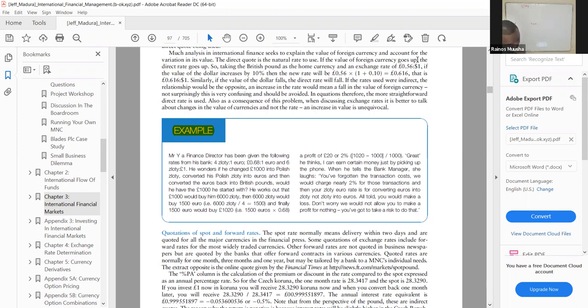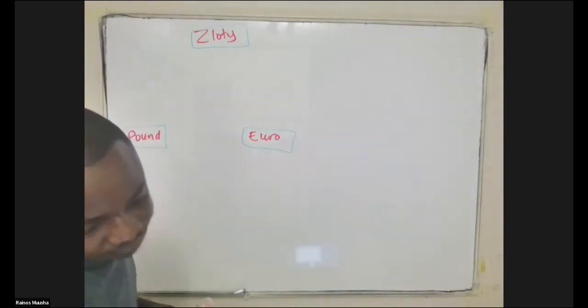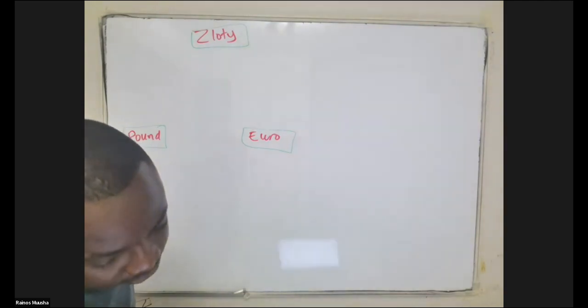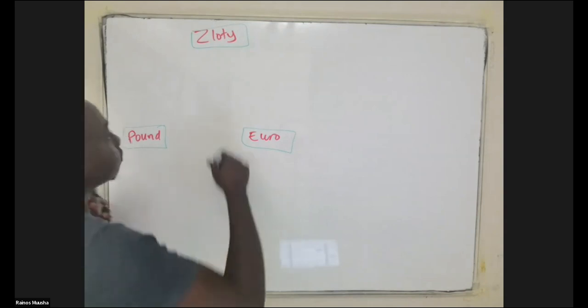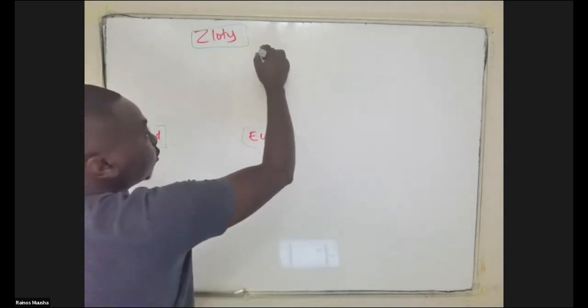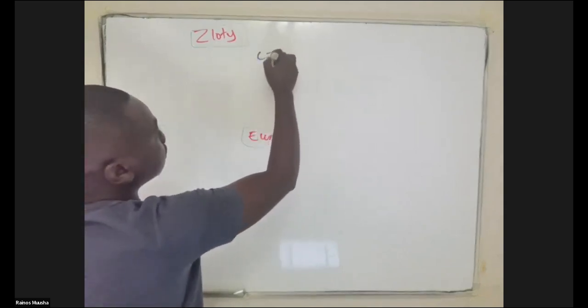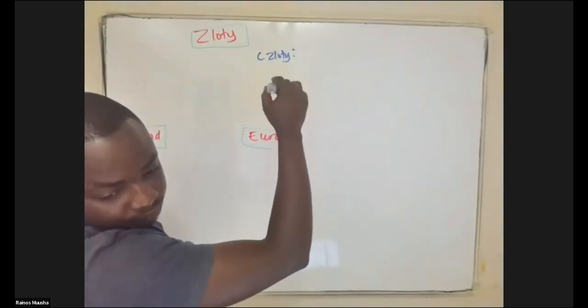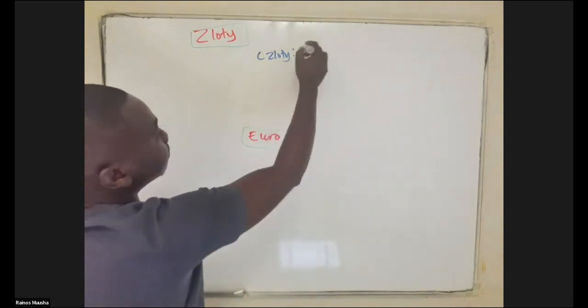So on the question, they tell us that 4 units of the zloty gives you €1.